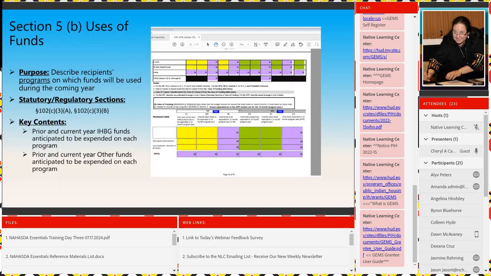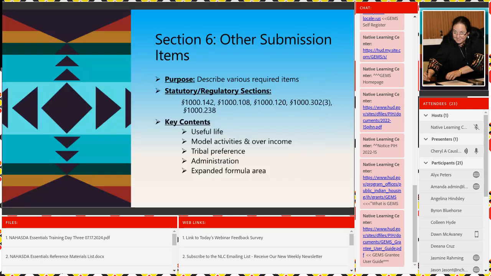Okay. Describe recipient's program in which funds will be used. Prior and current year IHBG funds anticipated to be expended on each program. Prior and current year other funds anticipated to be expended on each program. If you've got tribal funds or whatever.